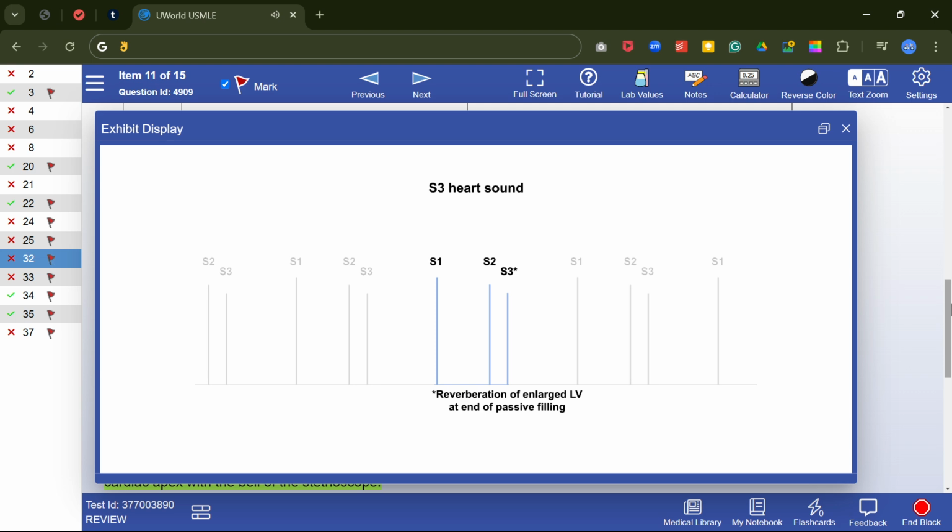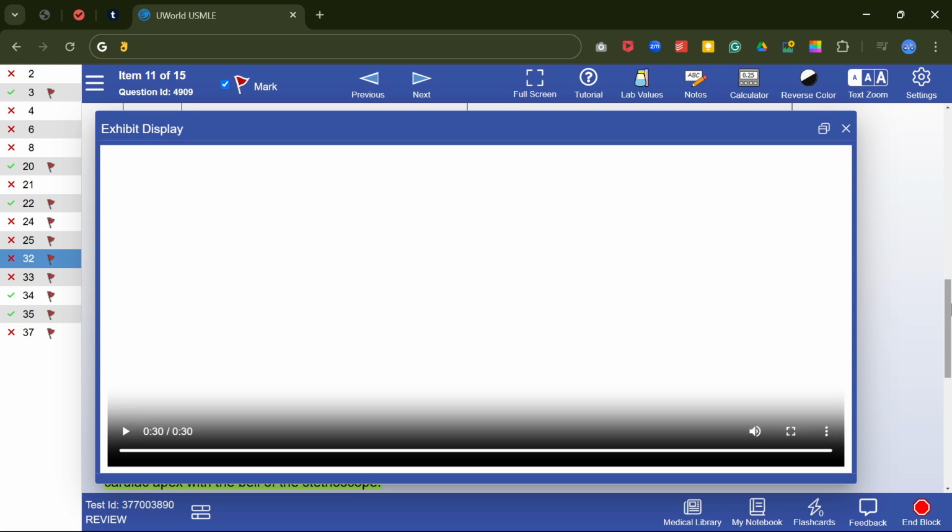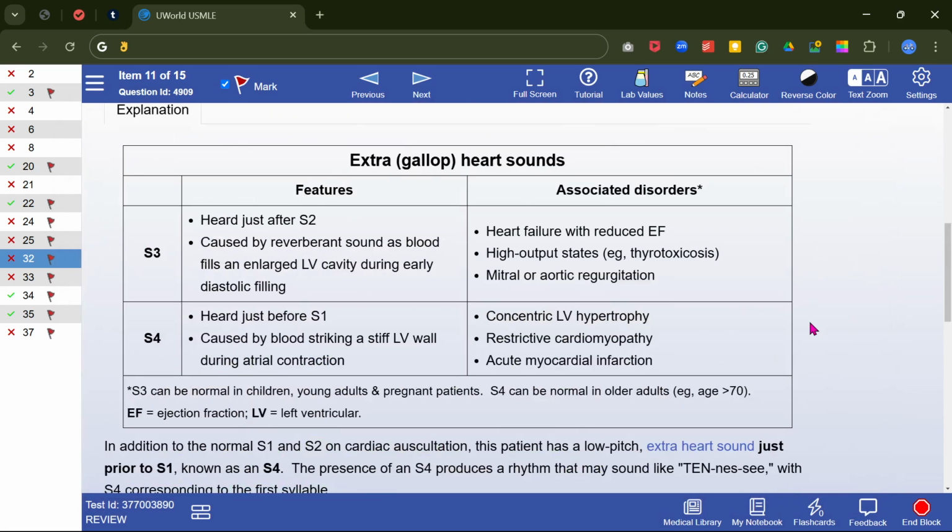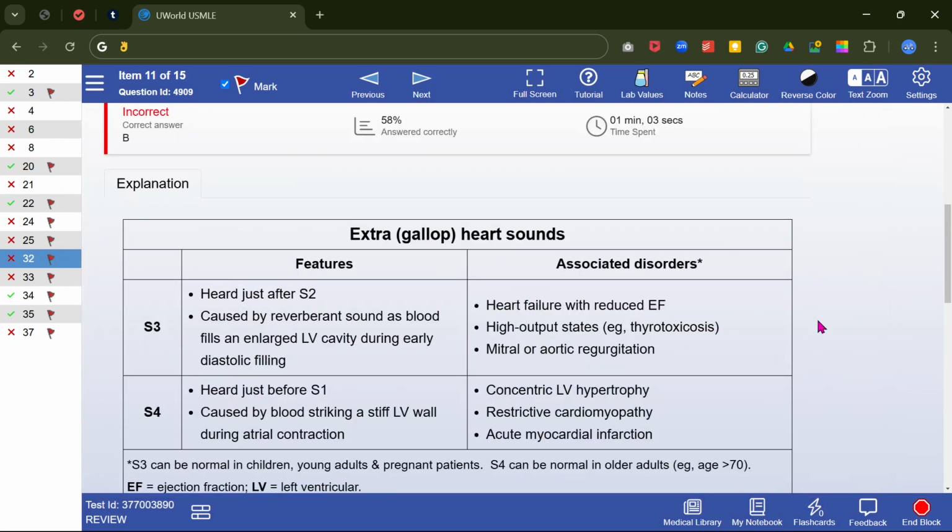Reverberation of the enlarged left ventricle at the end of passive filling. So what are the causes? Causes are heart failure with reduced ejection fraction, AR and MR, and high output states like hyperthyroidism.